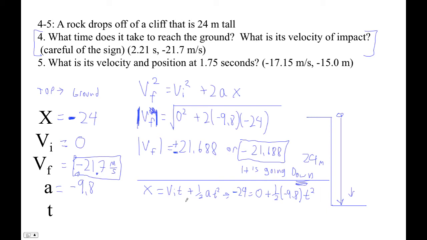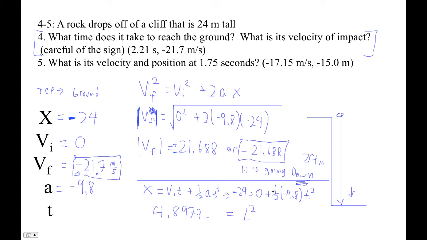So now the next thing I'm going to do is negative 24 times 2 divided by negative 9.8. I'm just doing calculator math, right? Now I've got 4.8979, and it just keeps going. That equals t squared.